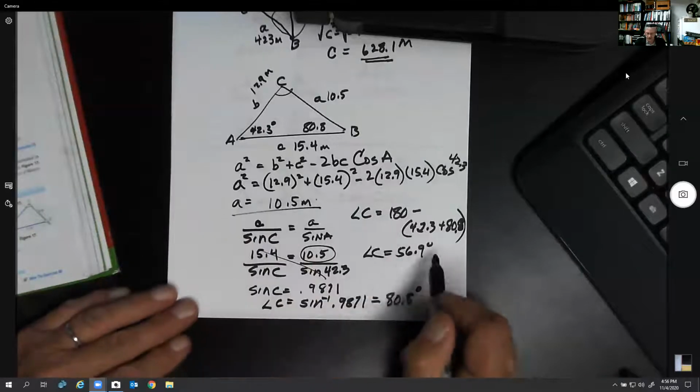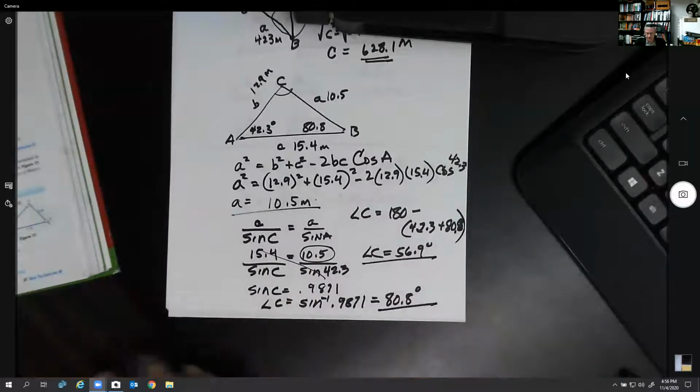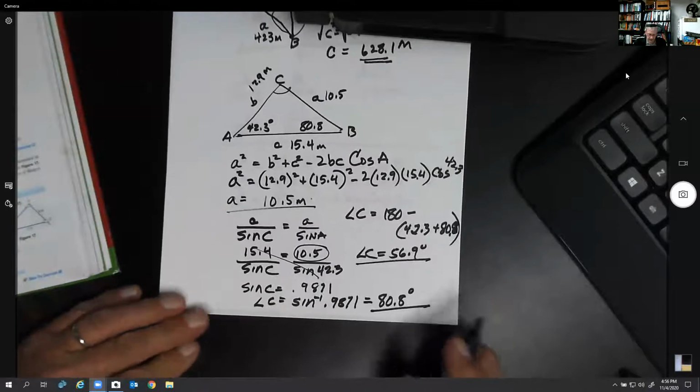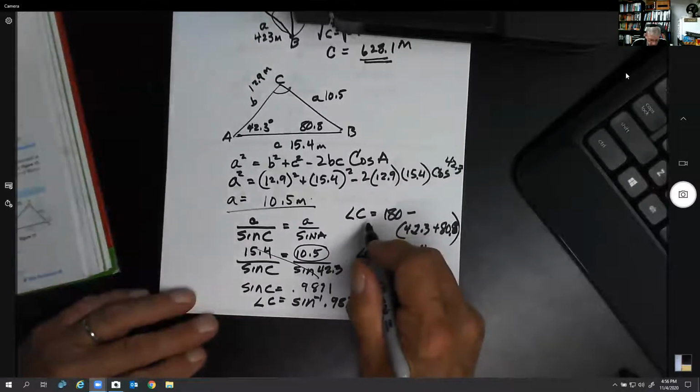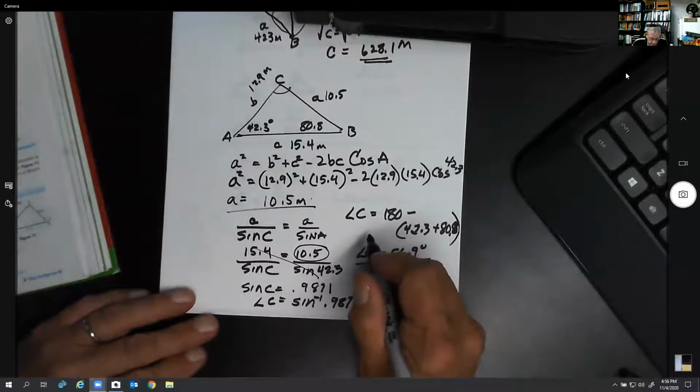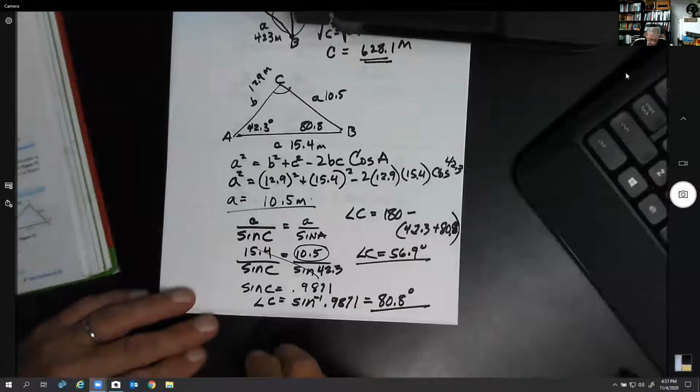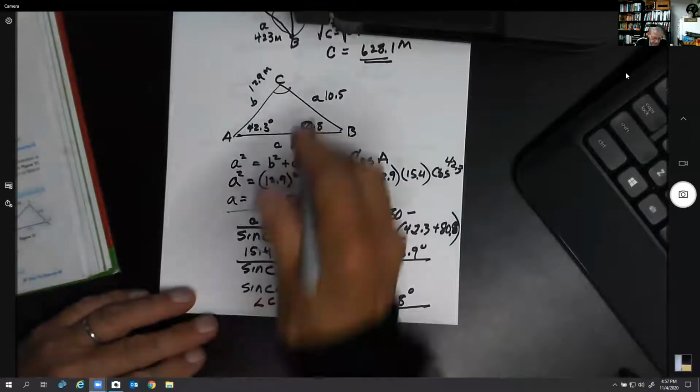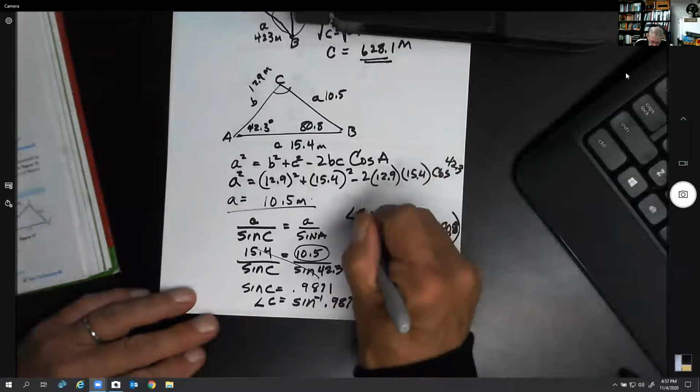this is kind of how we should do it. So we can find our angles. This was an angle C, by the way. This was angle, I had angle C. This was angle B, excuse me.